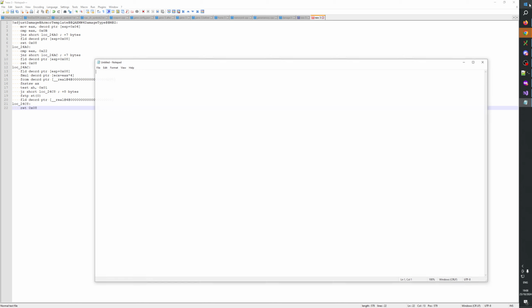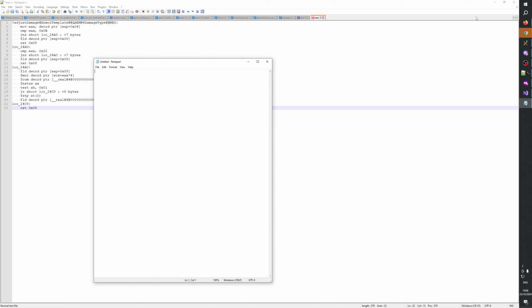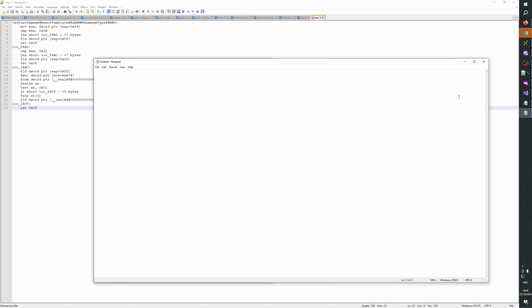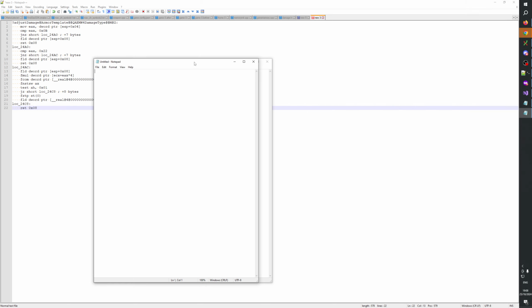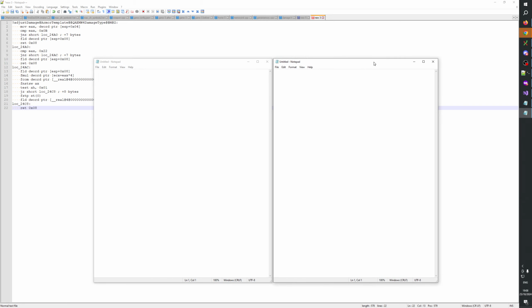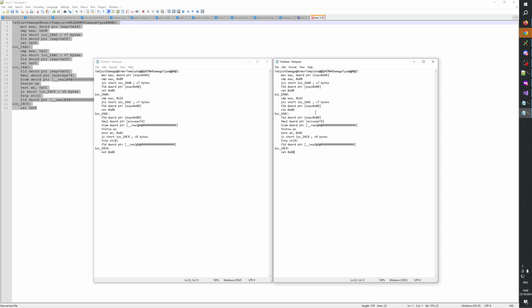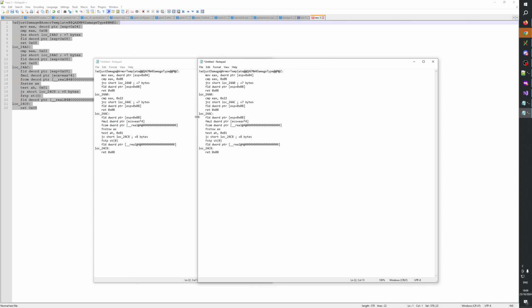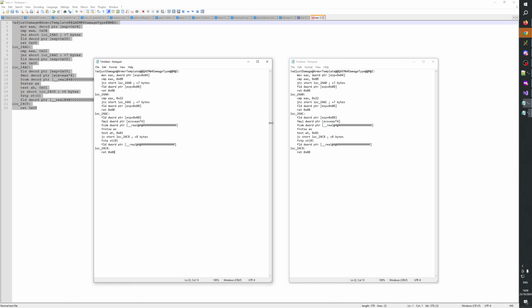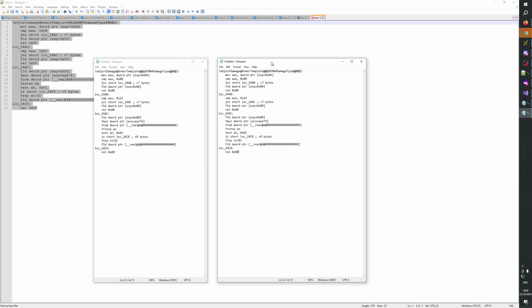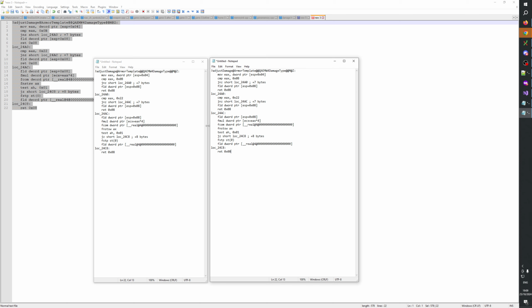Yeah, let's take two notepads. Okay, so we have two notepads here, yeah? And we take this thing and we copy it on both sides, like so. We make it extra dense.